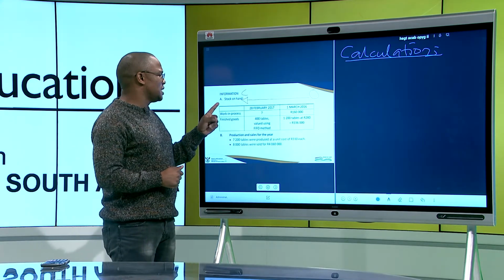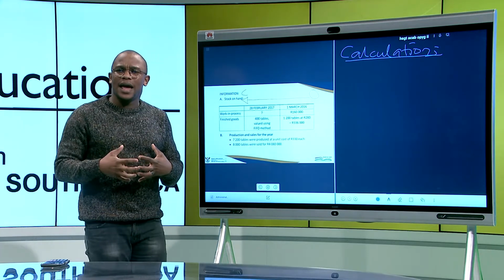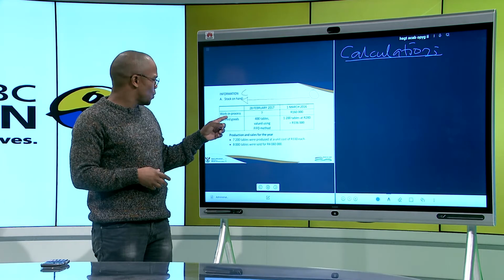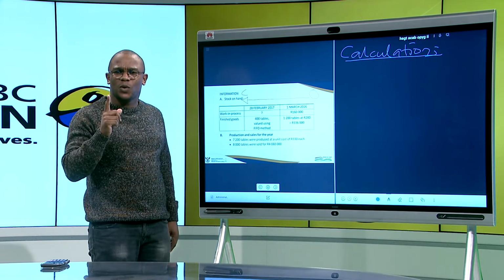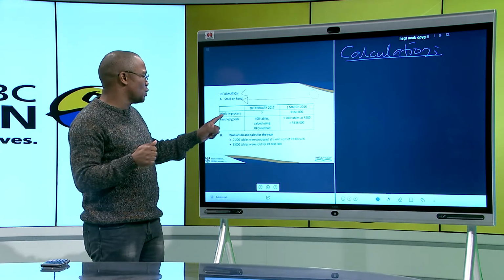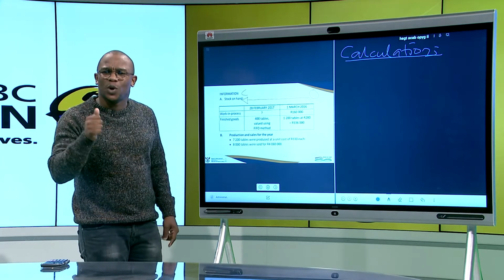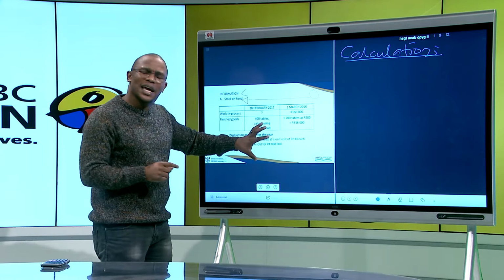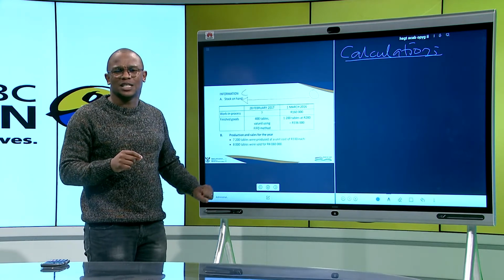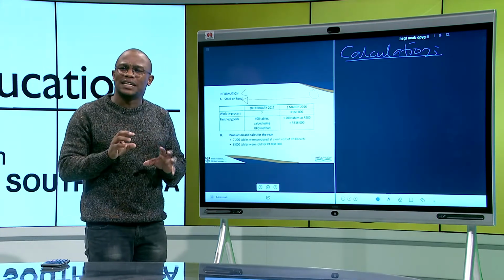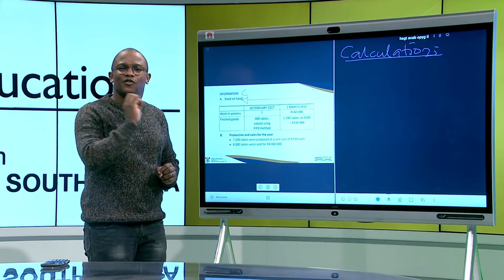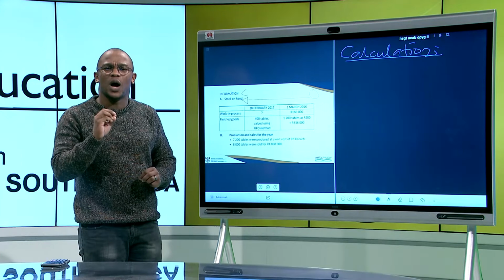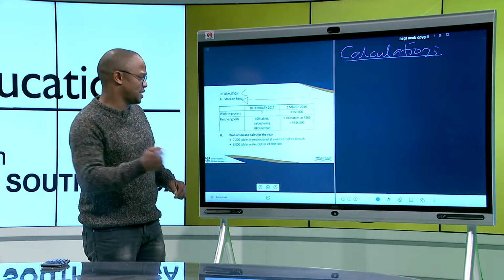So information A, they say we have stock on hand. And what did they start up with? Work in process. Remember, work in process affects what? The production cost statement. So before you even attempt the adjustments, start with the given figures so that you feed your production cost statement as well as your abridged income statement.